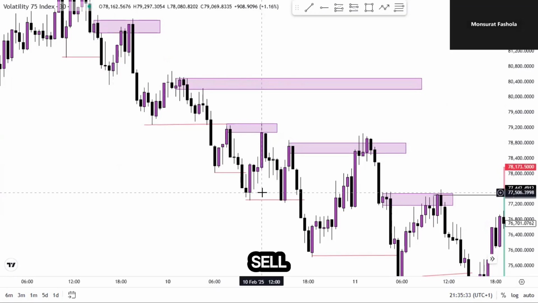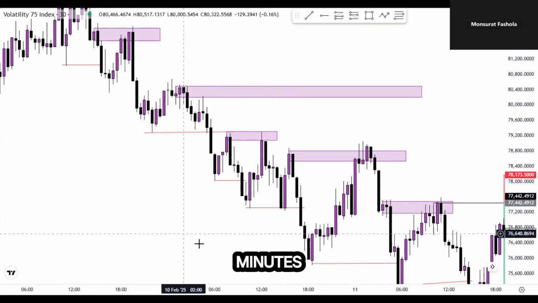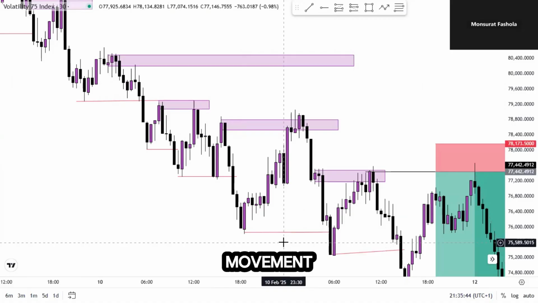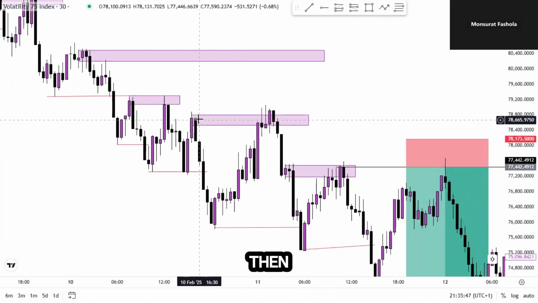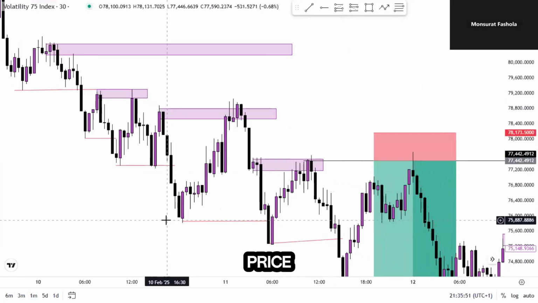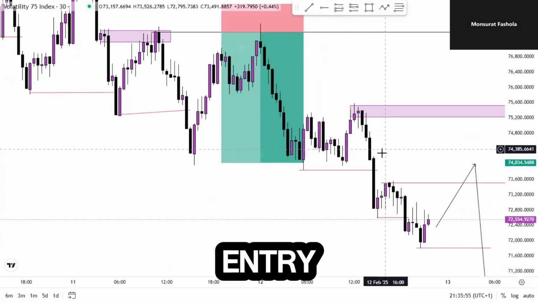Just look for sells in a sell trend. Then go to the 30 minutes time frame, look for the break of structure of the bearish movement, then look at where the entry point will be. The moment price has broken the structure, just look at the point where the entry will be.